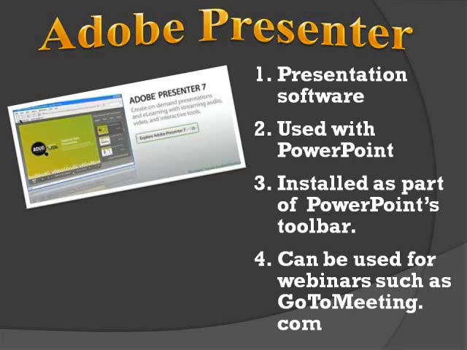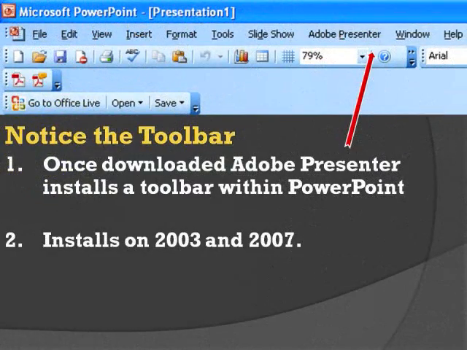In this package deal, you can see that it installs the PowerPoint toolbar. Here's a picture of the toolbar for 2003. You'll notice on top here the arrow that's pointing to it.